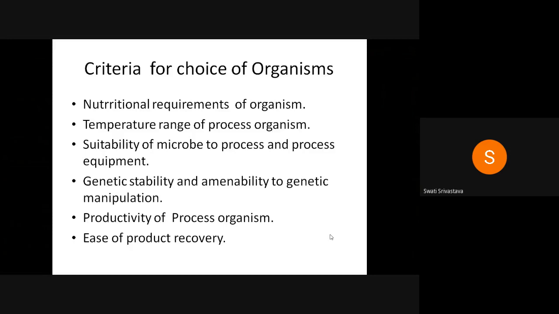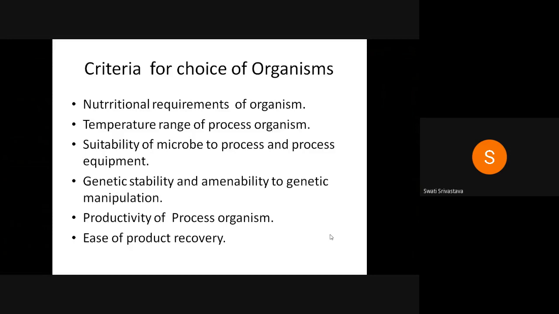So the nutritional requirements should not be complex; suppose this was a simple example like glucose or sucrose. Now if there are some specific requirements, some specific hormone or growth hormone or some kind of vitamin or some kind of heavy metal that the organism specifically requires, then the cost will be added.